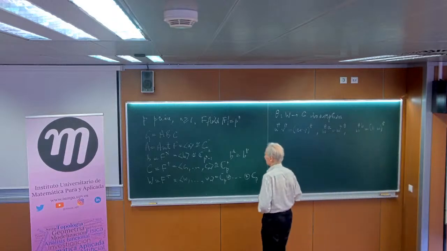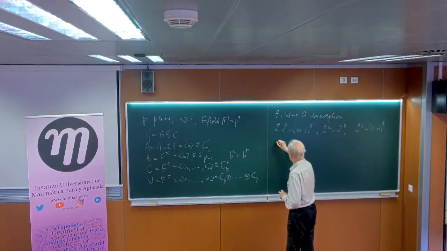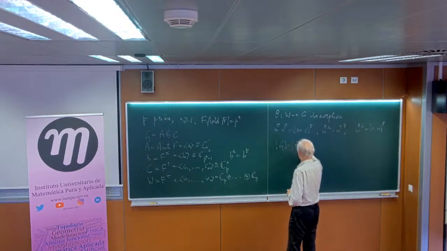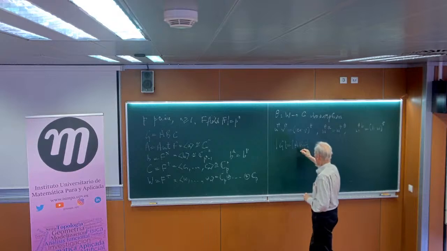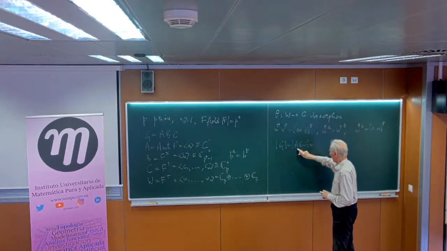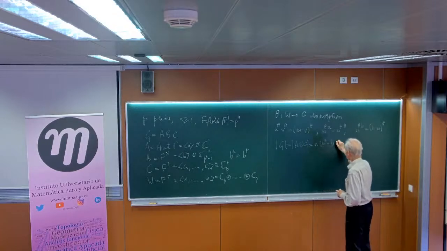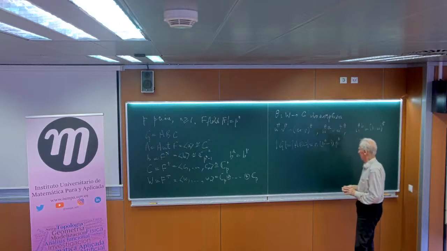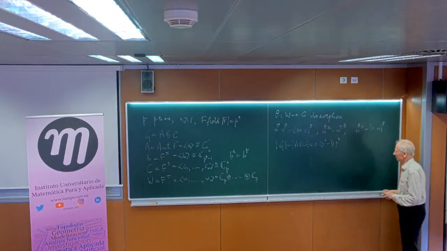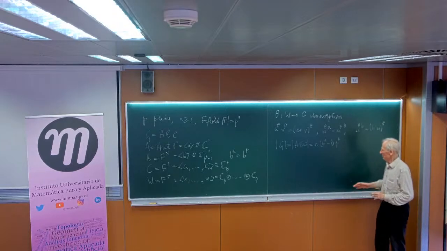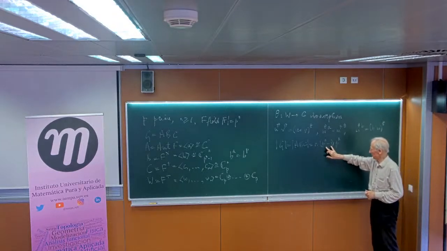And so the net effect is that you have this group G, which is the product of these three groups, A, B, and C. The order is, well, A has order n, B has order p to the n minus 1, and C has order p to the n. So the groups are all abelian.